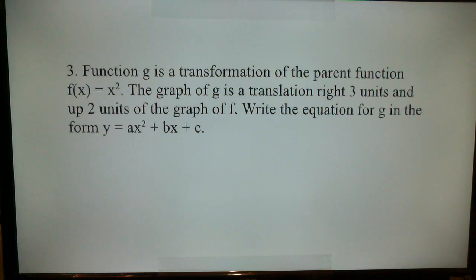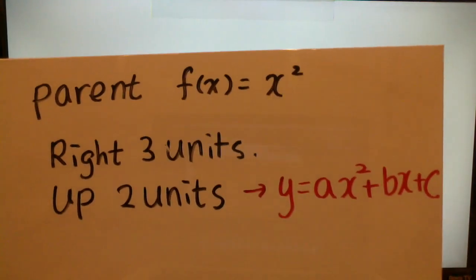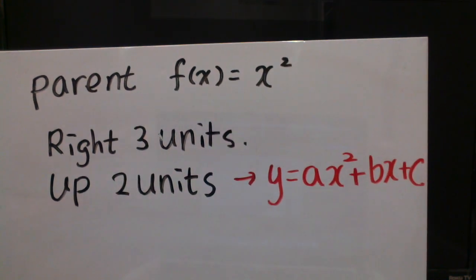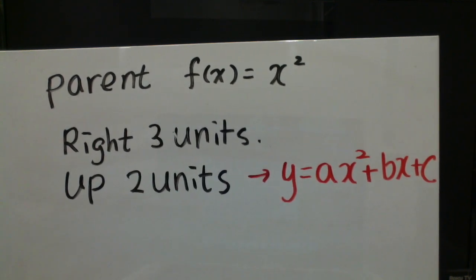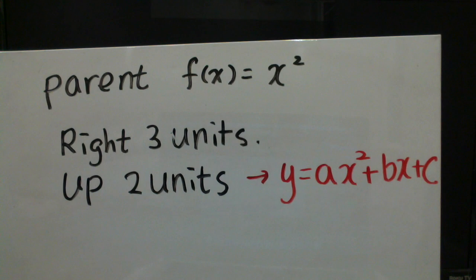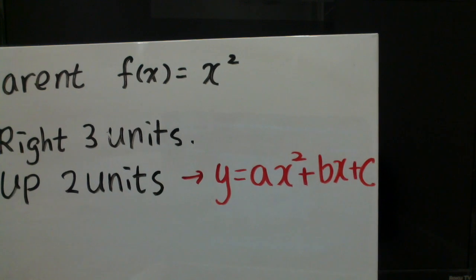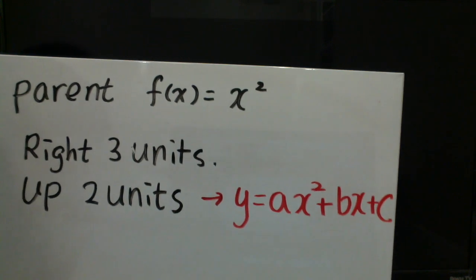Number 3. So I will give you a second, then you can read the question. So I wrote, kind of summarized here. The parent function is x squared, and it goes right 3 units and up 2 units. So find the function and then express it in quadratic standard form, right? So probably we need to find vertex form first.